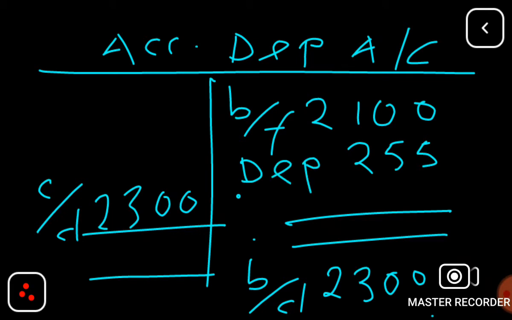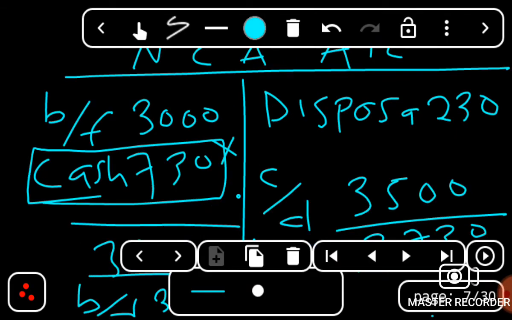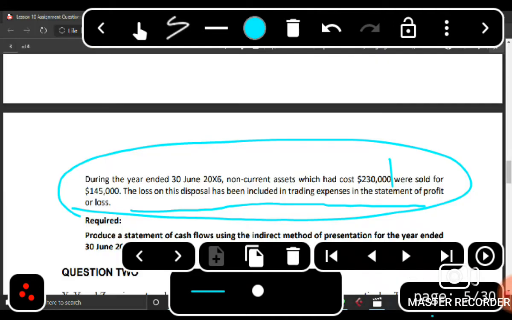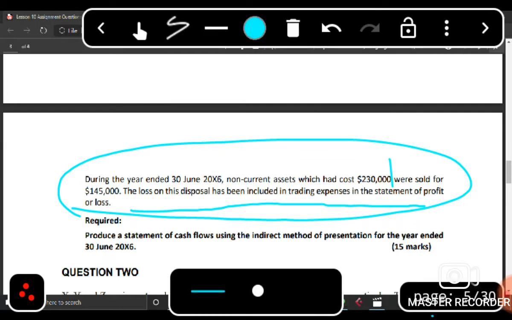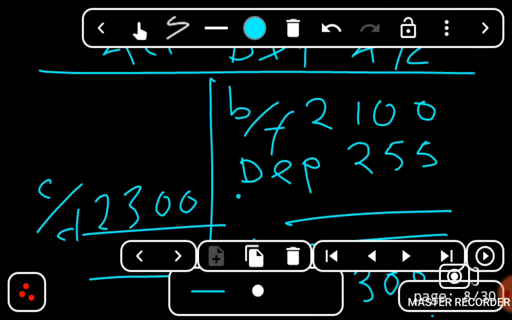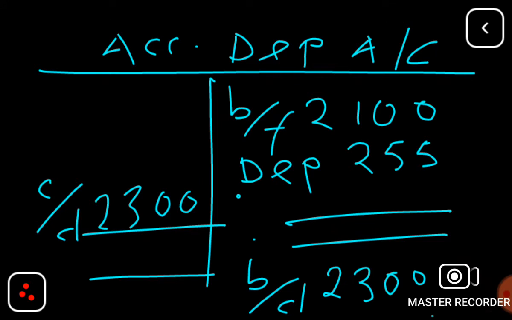What else should you look for in this question? In this adjustment, you find out that they didn't give you an accumulated depreciation for this asset that was sold. The purpose of us making this accumulated depreciation account is to find the missing figure, the accumulated depreciation that this asset that we sold was carrying.